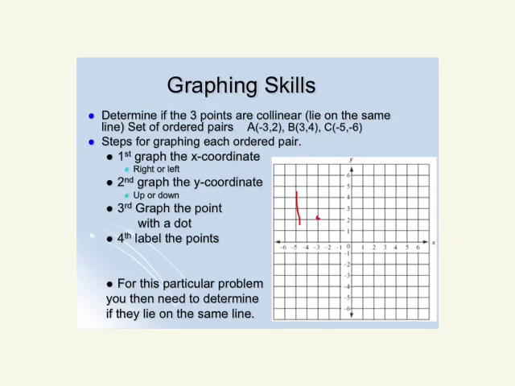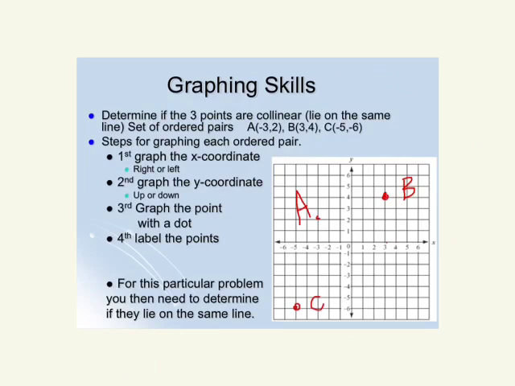We graph the x-coordinate, we graph the y, we graph that point, and then we label it. Point B is 3 to the right and then 4 up.